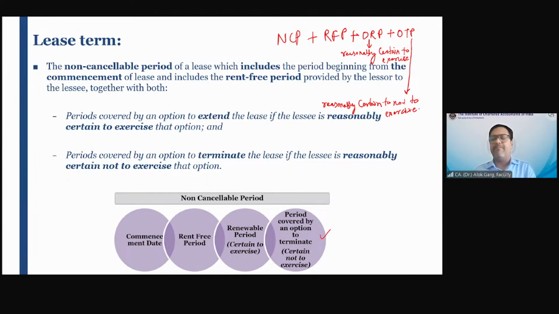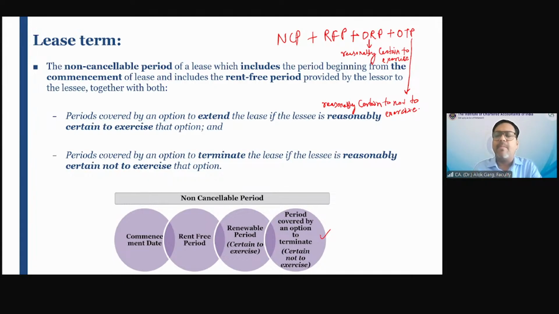Let me give you an example. A lessor and lessee enter into a contract, and the contract is for 10 years. The first 1 year is a rent-free period. After 1 year, the next 6 years is the non-cancelable period, meaning it doesn't matter when the lessee wants to terminate the contract.